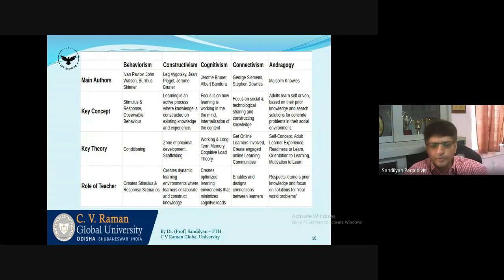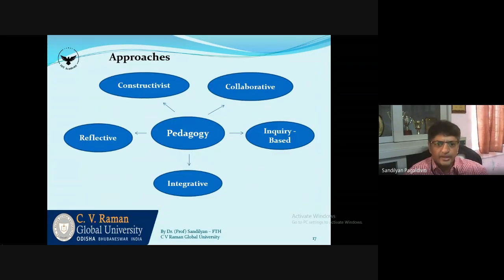Can we move to the next slide, ma'am? Yeah. So there are, as I said, different approaches. There is a constructivist approach, a collaborative approach, a reflective approach, inquiry based approach, and integrative approach. So you can understand these are all different links.